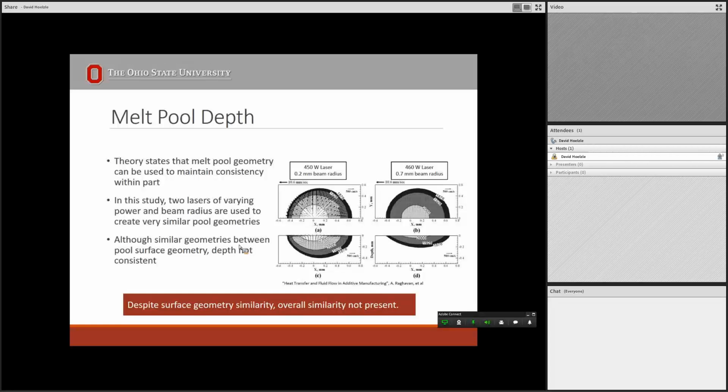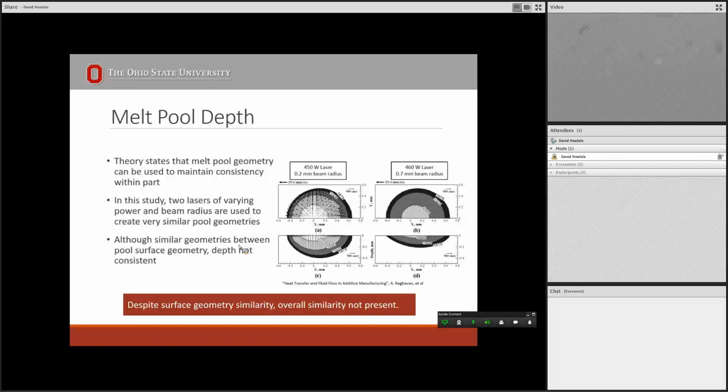What was the physics behind why this changed? Right. So for the example on the left with the smaller beam radius, you've got essentially similar energy, the 450 watts and the 460 watts, concentrated in a much smaller location.